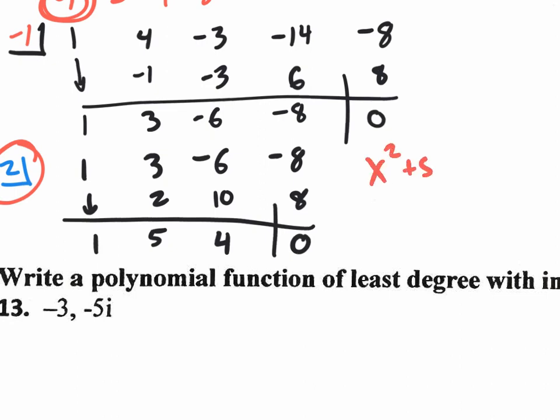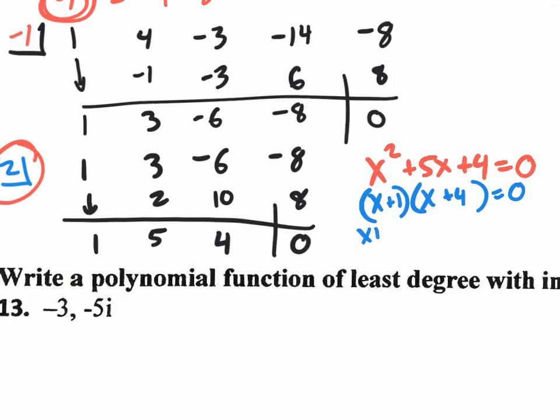X squared plus 5x plus 4, if it equals 0, if I could factor, split, and solve, I'll be done. Could I factor? What times what is 4 that if you combine together is 5? +1 times +4. Which means that when I split them, x plus 1 equals 0 and x plus 4 equals 0. You get two answers, x equals -1 and x equals -4.